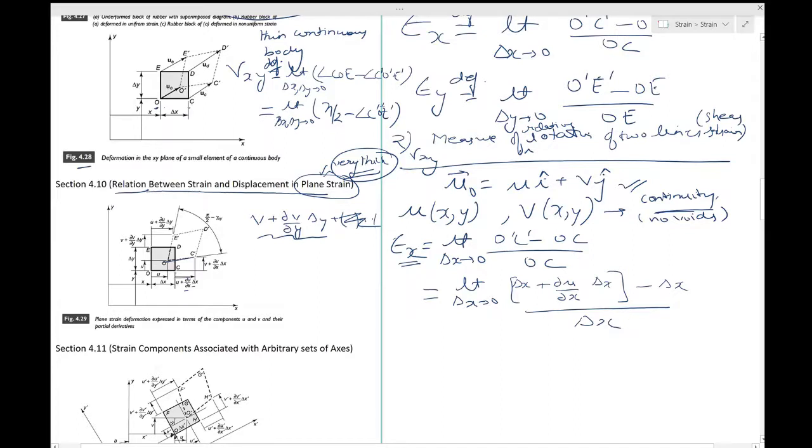Let's see how this O dash C dash is written. OC clearly is delta x, so there is no doubt about how this has come up. O dash C dash must be written as this. I don't think this is delta x, this is actually u. We have already done that. This is u.